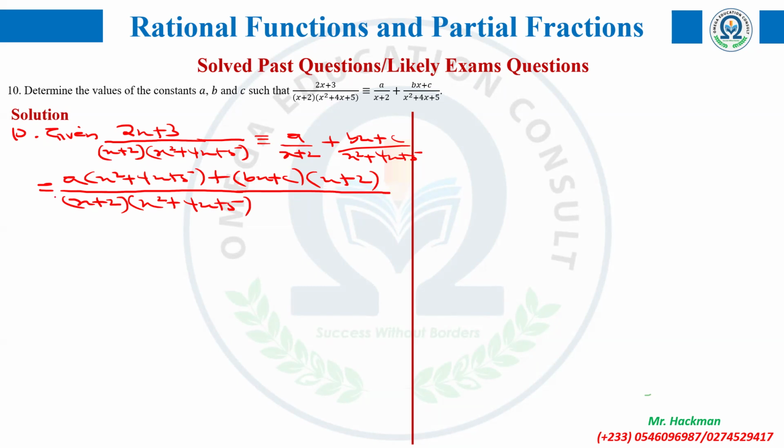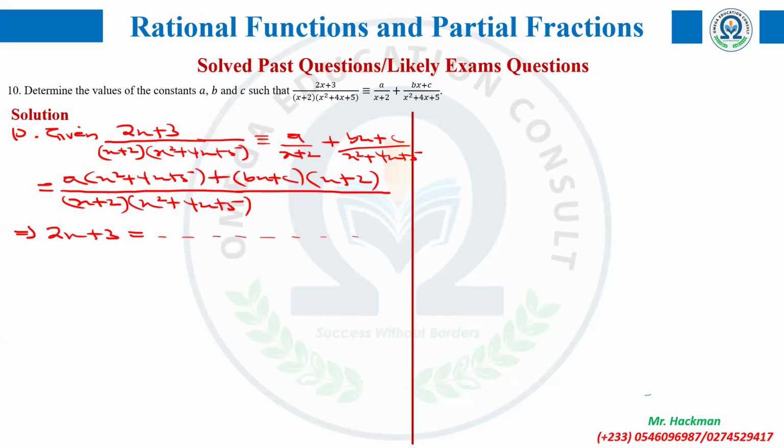So at this point, this is what you do. You come and write, this implies that 2x plus 3 will be equal to, you equate the numerators. If you want to use the cover-up, you use, but here I would advise you expand. So it's like identity: expand, combine like terms and compare the coefficients. Is that clear? Yes.